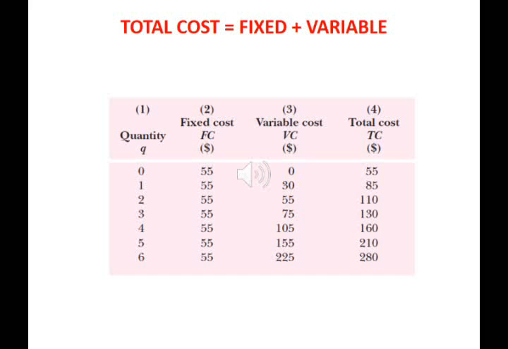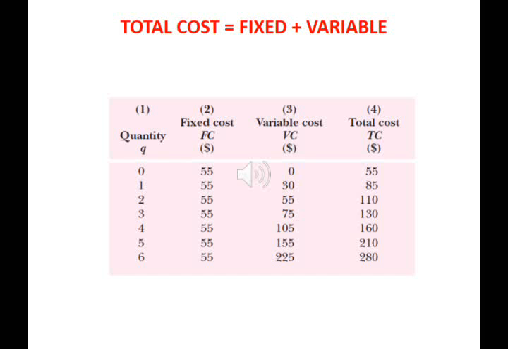So the variable cost will have a positive number only from a positive amount of Q. Okay, so at 0 level of Q, variable cost will be 0, but starting from 1 onwards, variable cost will have a positive amount and it will increase with the level of output produced. Okay, because in this case, I will need to hire more labor, I will need to import more raw materials, and so on and so forth.